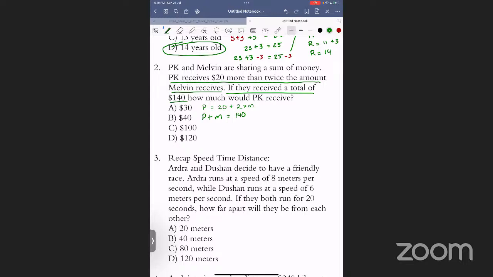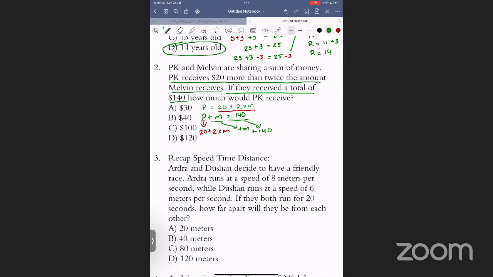So now to solve this question, I'm going to replace this P just like we did before. I'm going to replace PK's amount with what we said PK gets, which is 20 plus 2 times M. Then Melvin stays the same, plus M, and then 140 stays the same. So now we have 2M plus M.